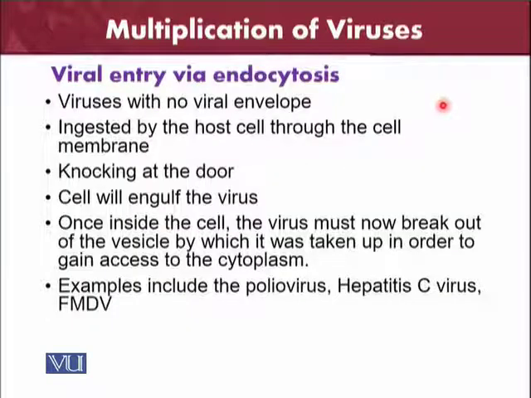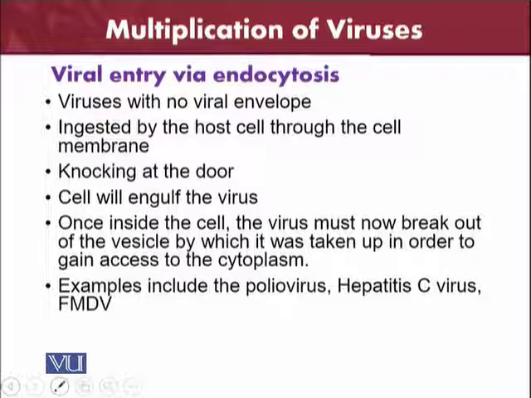Now the viral entry via endocytosis. Most of the viruses without an envelope are capable of entering inside the body through endocytosis. They are ingested by the host cell through the cell membrane, just like engulfing food particles, because the host will engulf those viruses.